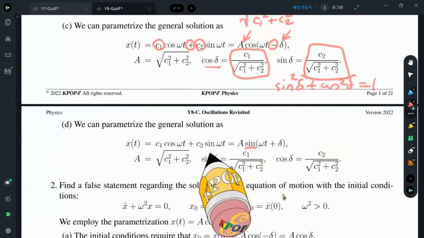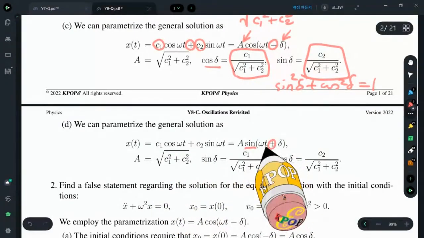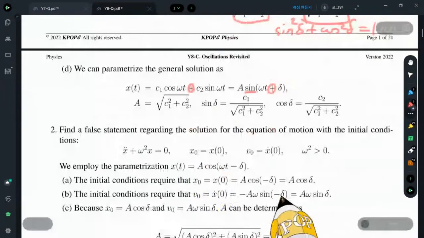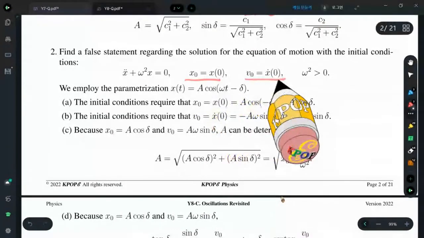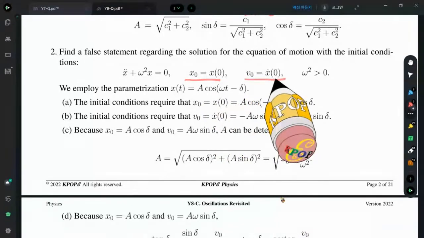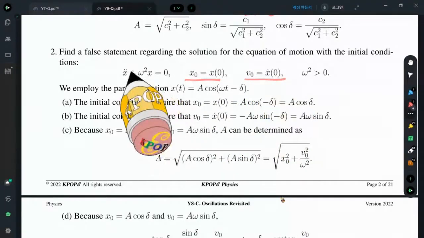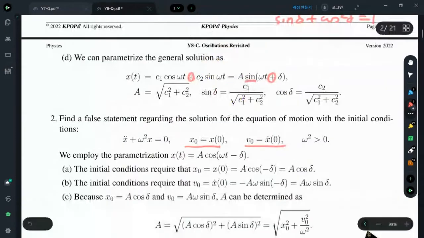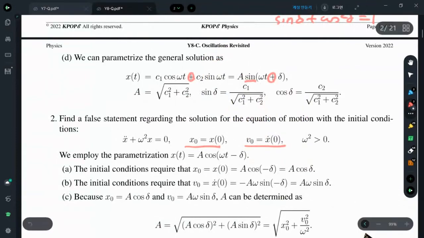In that case, the sine-cosine summation has a positive sign because both of them are positive. If we know the initial conditions for the initial position and the initial velocity, then we can express the general solution as these two undetermined parameters are completely fixed.